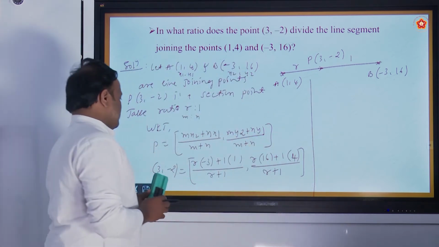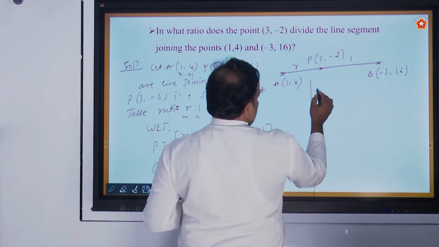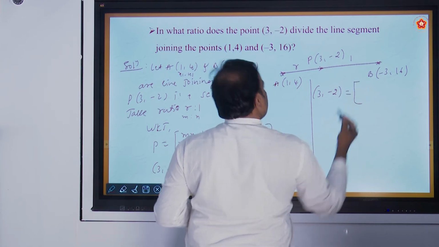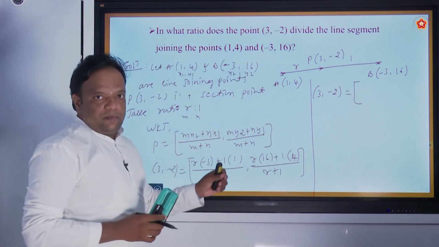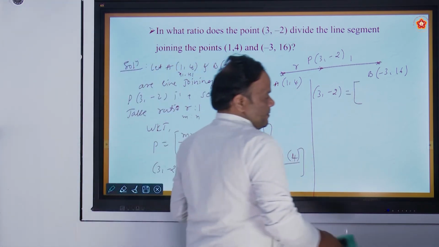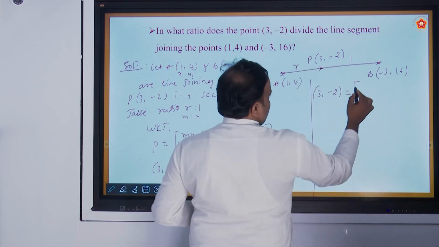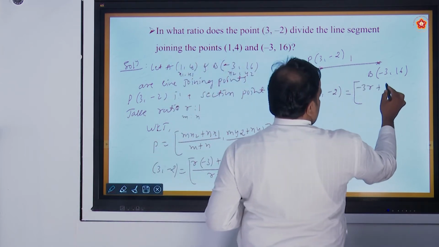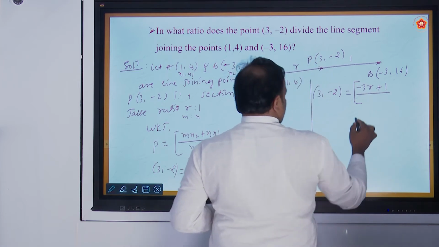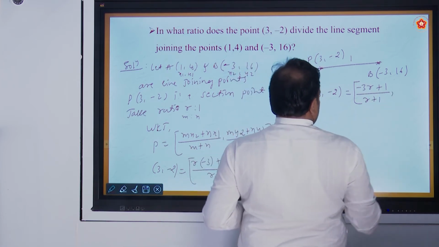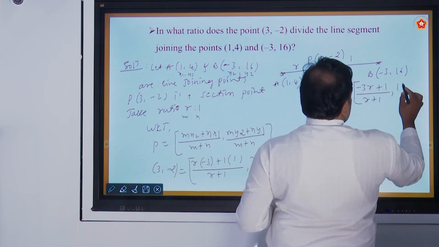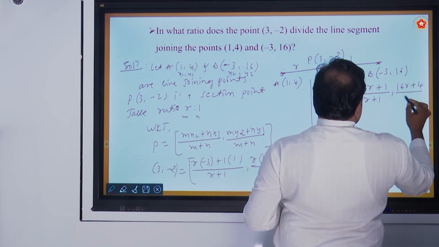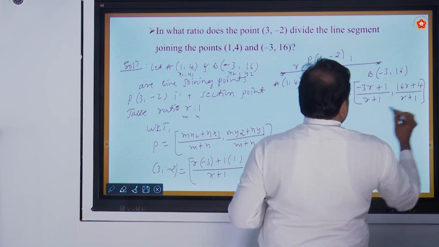Simplification now. 3, minus 2 is equal to r into minus 3, minus 3r, r into minus 3 minus 3r, plus 1 by r plus 1, comma 16 into r, 16r plus 4 dividing by r plus 1.